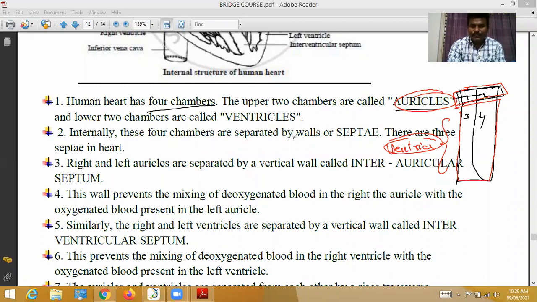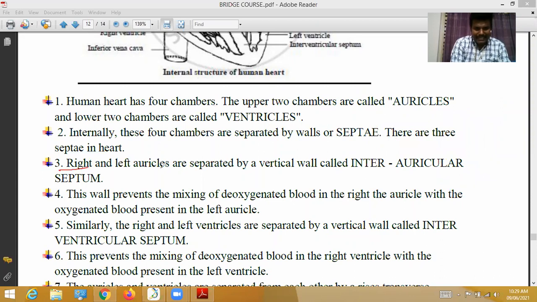Internally these 4 chambers are separated by vertical and horizontal walls, which are also called septae. Generally, in the human heart, there are 3 septae present, 3 walls present.